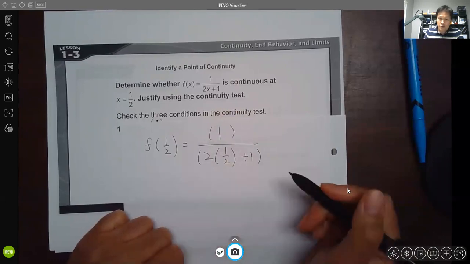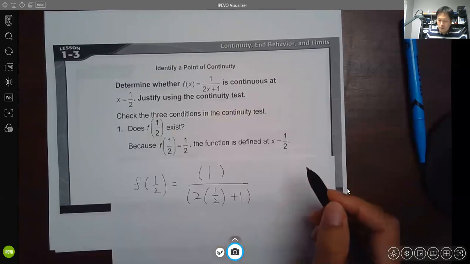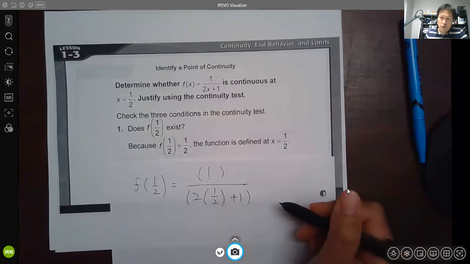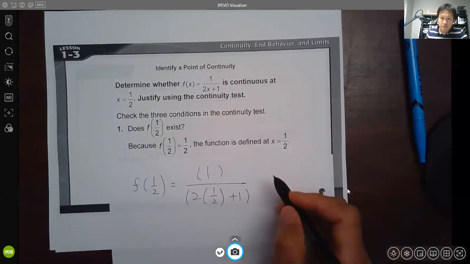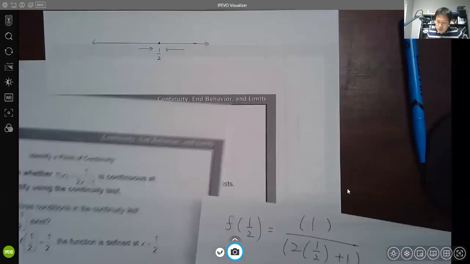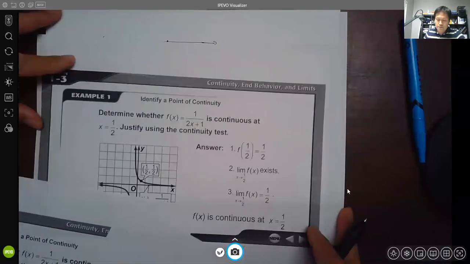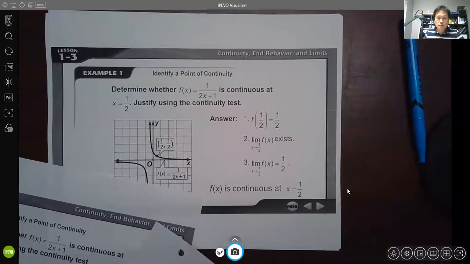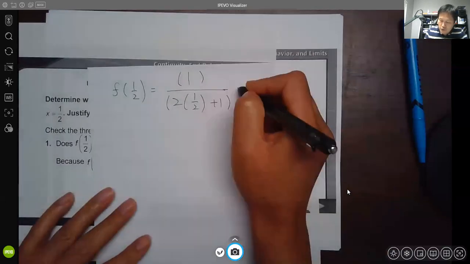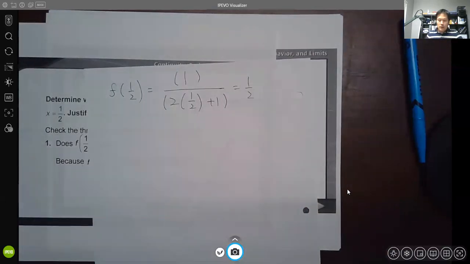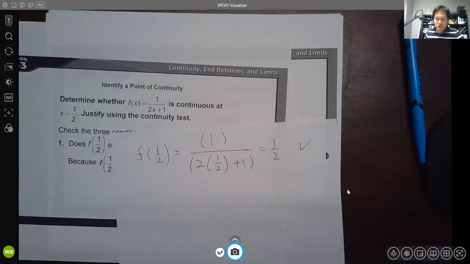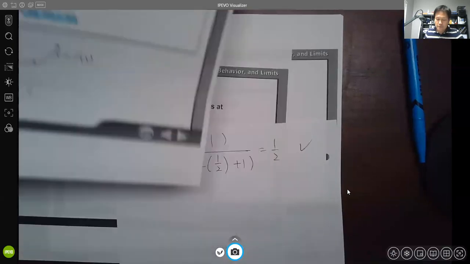Then you will never lose it. If you calculate that manually or using a calculator, you get an answer of 1 over 2. So check mark, first condition satisfied.